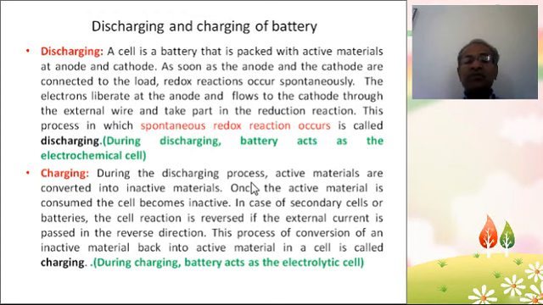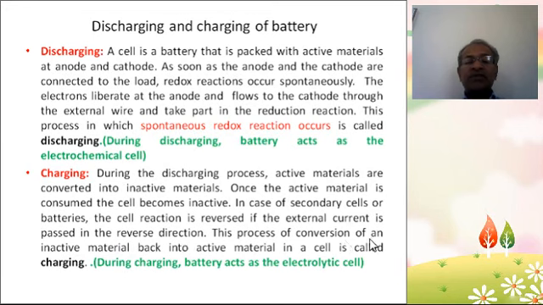During the discharging process, the active materials are converted into inactive material. Once the active material is consumed, the cell becomes inactive or dead. In case of secondary cells or batteries, the cell reaction is reversed if the external current is passed in the reverse direction.